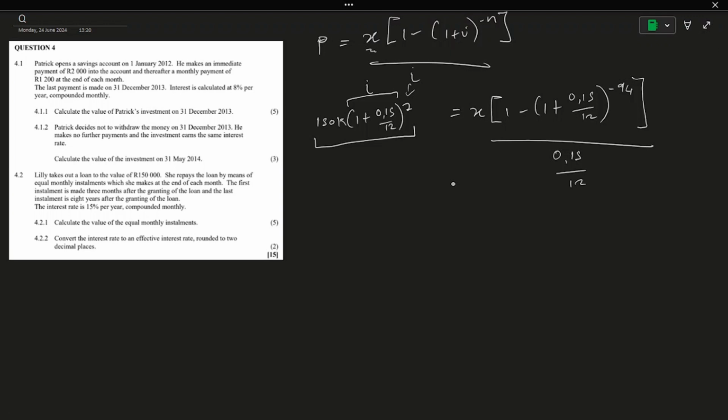So now we can solve for x. In solving for x, in this case, I love to cross multiply. I don't know if you've been following me on this channel, but I love to cross multiply. You can solve this in any way that you like. This is just a preference thing, right?